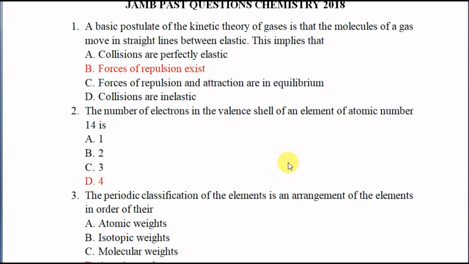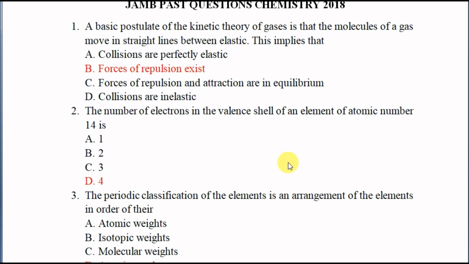Now let's look at number 3. The periodic classification of the elements is an arrangement of the elements in the order of their A. Atomic weights, B. Isotopic weights, C. Molecular weights, D. Atomic numbers.